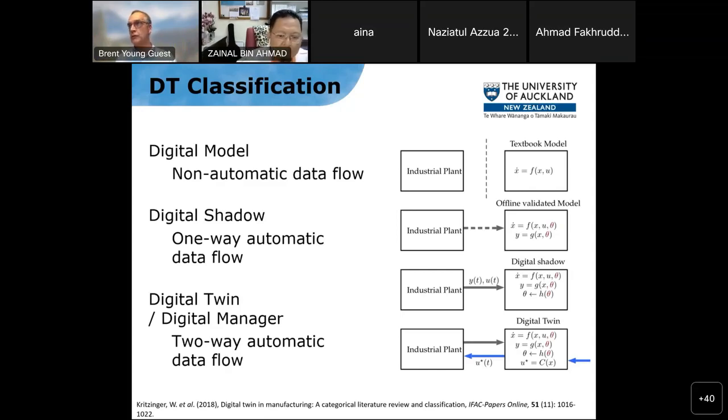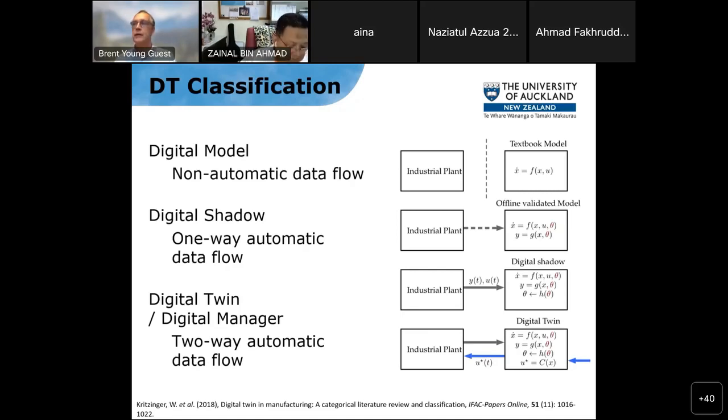When you have a model, you could connect that to the plant either offline, by validating that model with respect to the various parameters, or you could have a more continuous connection to the real process plant, and that is termed a digital shadow. In this case, there's automatic data flow going from the plant to the digital shadow.